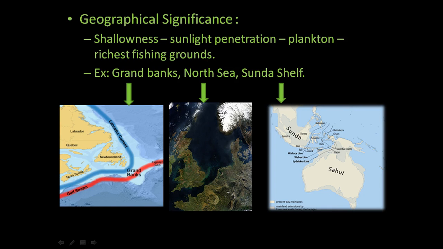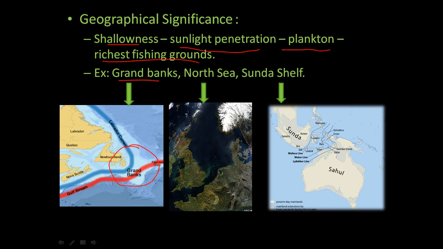Well, what is the geographical significance of such shelves? Well, first thing is that it is shallow. It means that there is greater penetration of sunlight, which means that there is larger growth of plankton, which results in richest fishing grounds. Examples are Grand Banks. This is located at the eastern side of Canada, between Canada and Greenland.